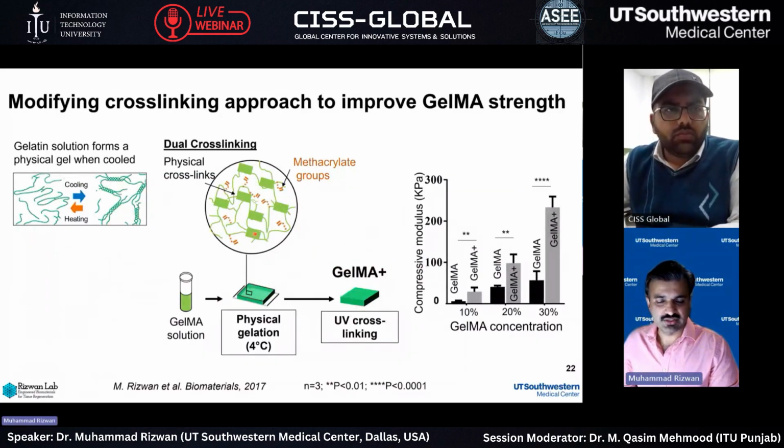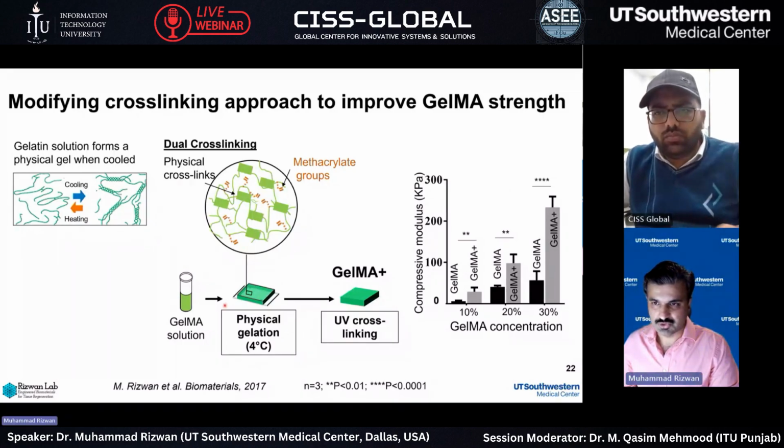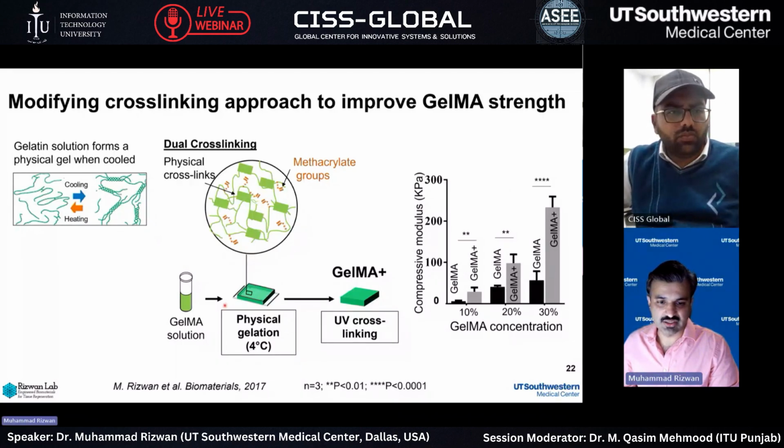So we improved the cross-linking mechanism in these hydrogels, where instead of using a single cross-linking, we combine the physical cross-linking that happens in a gelatin solution with UV cross-linking approaches so that we can make a better, stronger hydrogel.